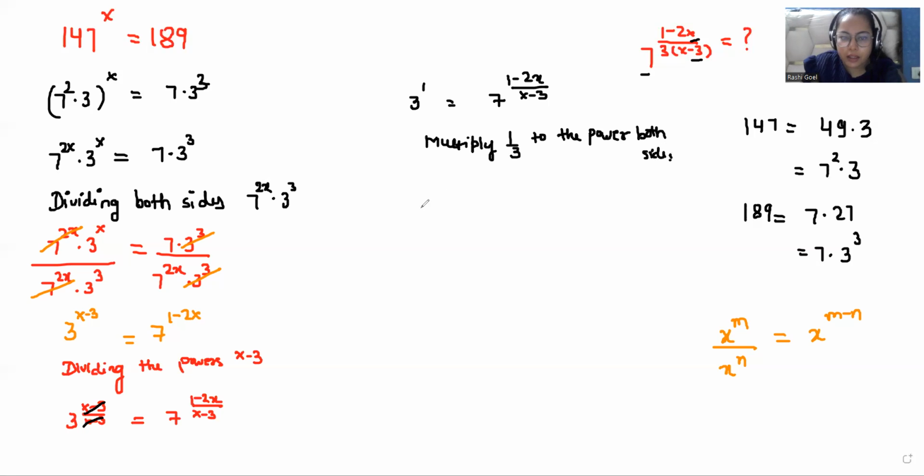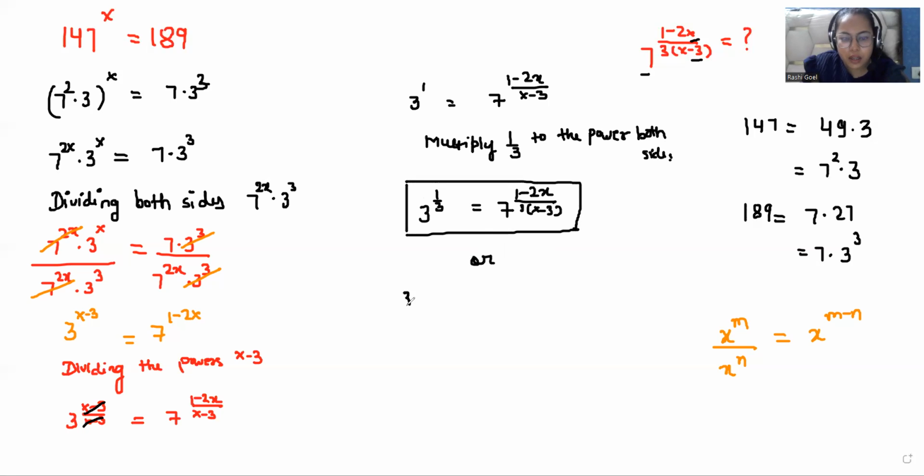So it looks like 3 power 1 by 3 is equal to 7 power (1 minus 2x) over 3 times (x minus 3). So our answer is 3 power 1 by 3, or 3 power 1 by 3 we can write as cube root of 3. So we can write both the answers.